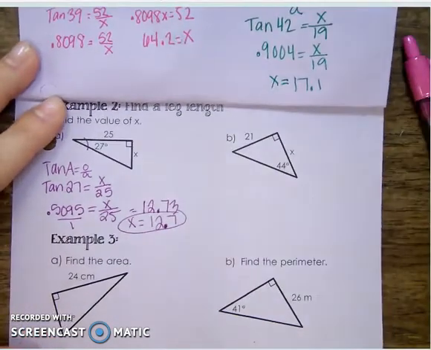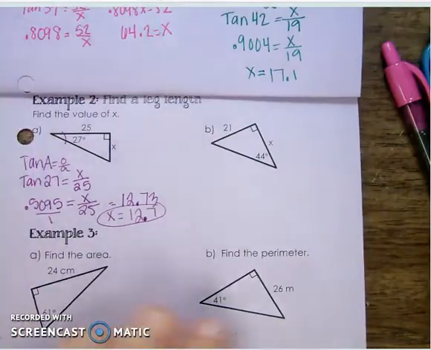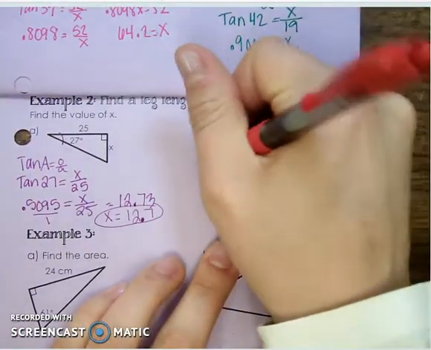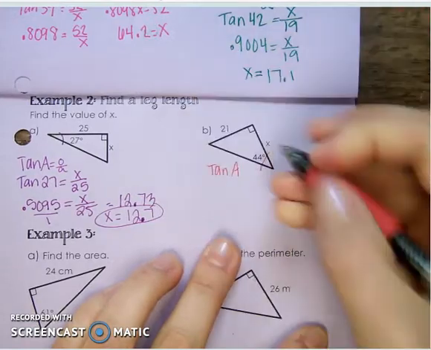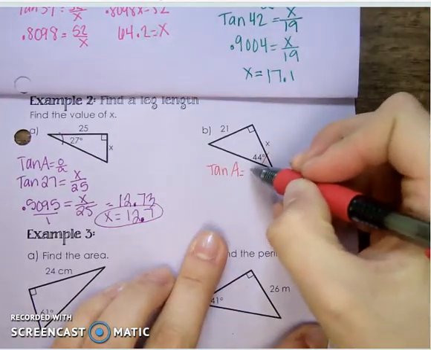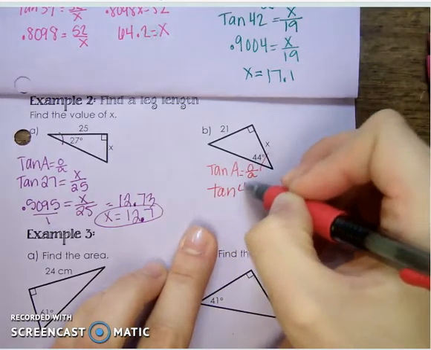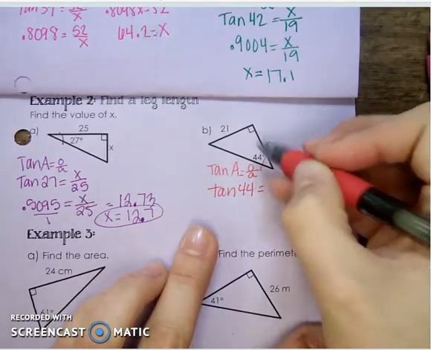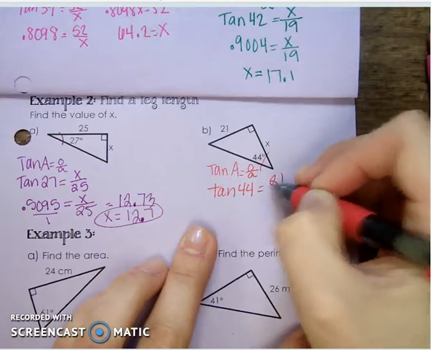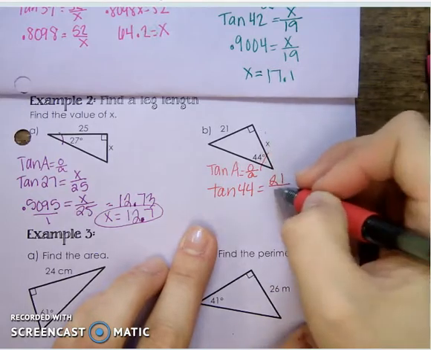Let's look at B. I have tangent of A equals opposite over adjacent. The tangent of 44 equals the opposite, 21, over the adjacent, or next to it, is x.